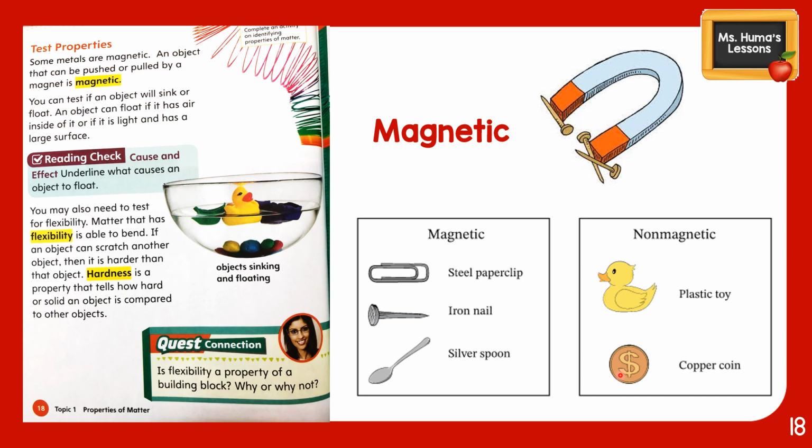Copper coin. Copper is still a metal, but it's not pulled or attracted by a magnet, so we will call it non-magnetic. Anything that is not pulled by a magnet is called non-magnetic, but anything that is pulled by a magnet is called magnetic.